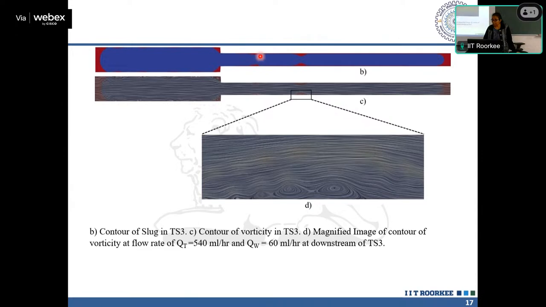And these waves you can see are very close to the wall and they are giving you some circulation pattern. There is circulation happening inside the film zone as well as inside the slug zone also.